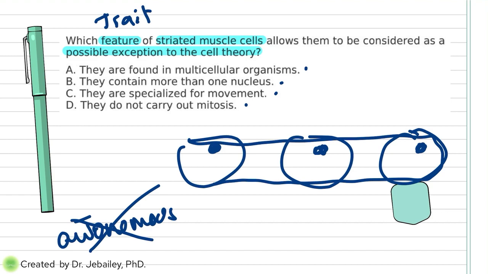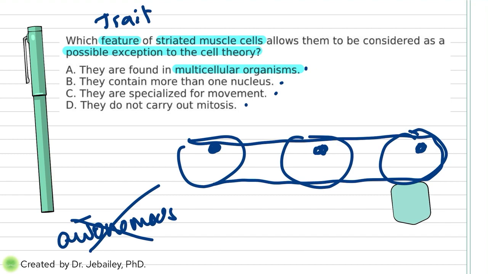So let's work with the first option. It says they are found in multicellular organisms. Now, the question is asking what is the trait, the characteristic or feature of the striated muscle that makes them an exception? If you say the muscle is an exception because it's found in multicellular organisms, multicellular means many cells.